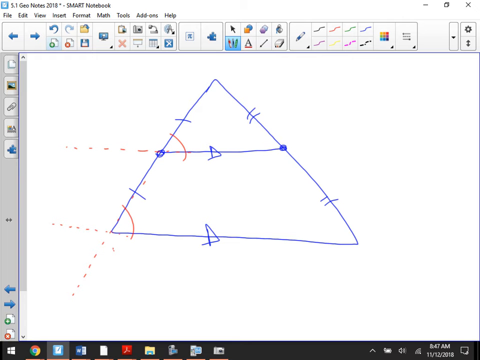Okay. So let me ask you this. Do you guys all see that there's two triangles? The large triangle and the smaller one? Oh, never mind.